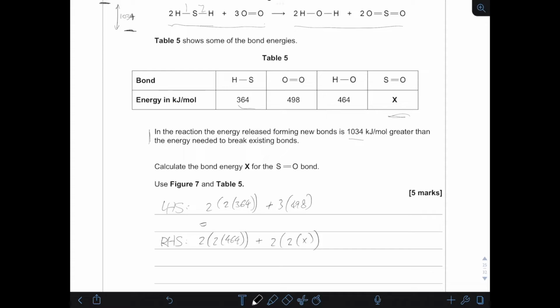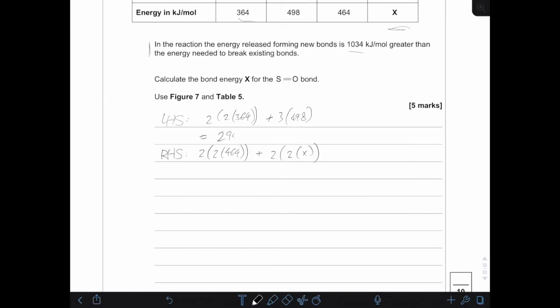Now if we add them up, again use your calculator, because I'm not doing mental math. This level of mental math is a bit too much for me. I'm getting a bit old. The left side is 2950, and the right side would be 2 times 2 times 464, which is 1856, plus 4x.